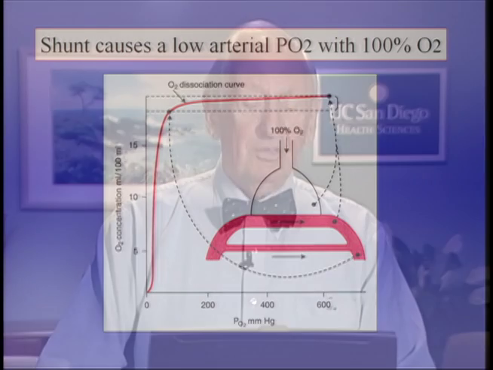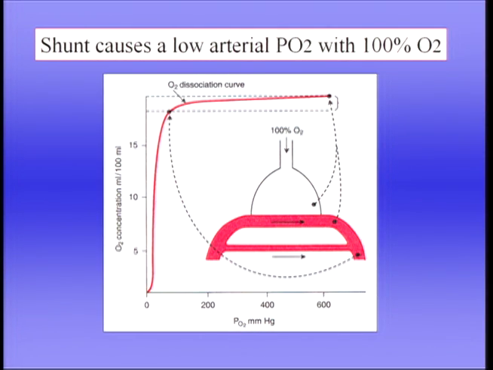Now, there's an important feature of patients who have a shunt, and I'm going to go into that briefly now because sometimes it causes a problem with some people. And this is the fact that if you give a patient with a shunt 100% oxygen to breathe, the arterial PO2 does not rise to the expected level. Shunt is the only cause of hypoxemia where this is a fact.